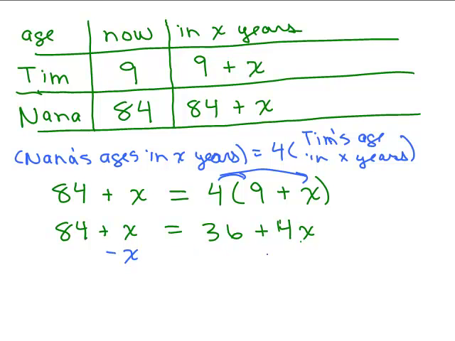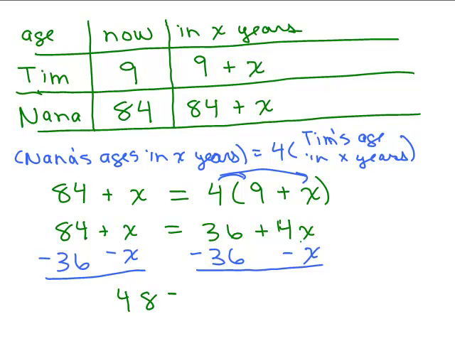So I'm going to subtract x from both sides. So I'll have the x's on the right side of the equation, and I'm going to go ahead and subtract 36 from both sides, so I'll have the constants on the left. So I think that gives me 48 on the left, 84 minus 36, 48, equals 4x minus 1x, right, is 3x.